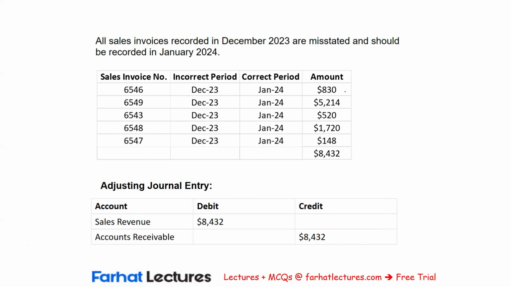We have to add all these sales invoices that were recorded in December 2023 and belong to the year 2024. Their total is 8,432. And we have to make a journal entry in order to reduce the overstated sales revenue, and to reduce the overstated accounts receivable by 8,432.